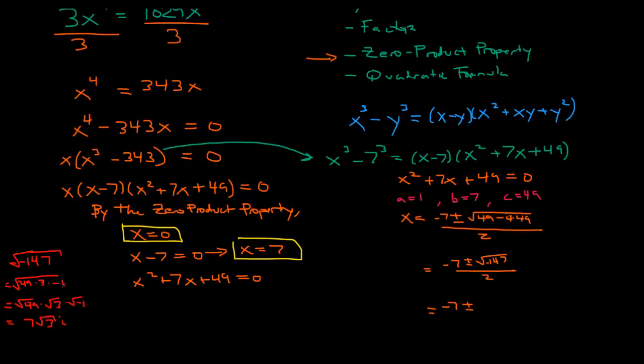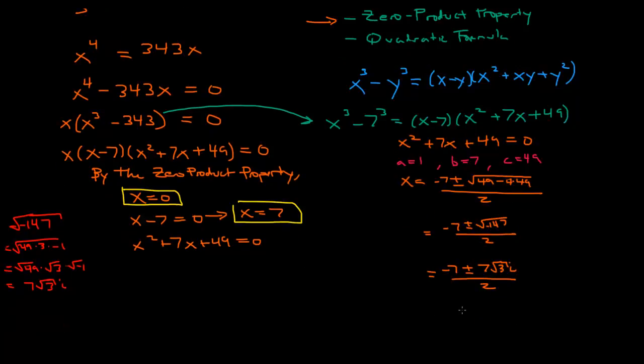So the square root of negative 1 is i. So going back over here, we can substitute and say that is 7 square roots of 3 times i. Now that i is not under the square root sign, over 2.